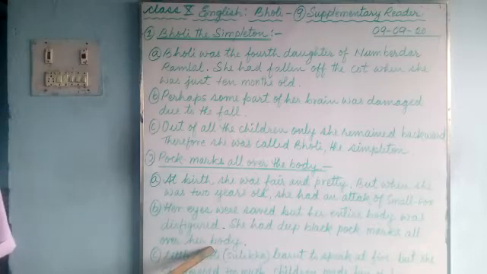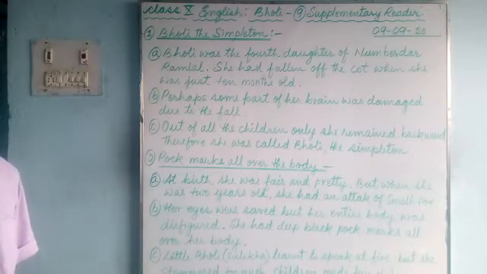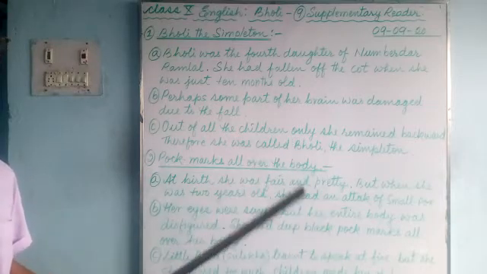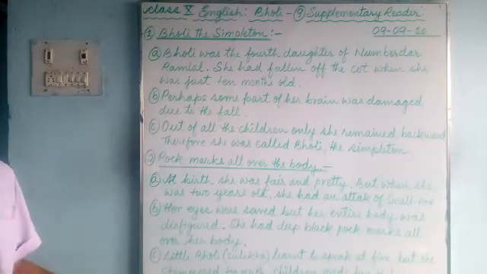While she was born, she was pretty and fair, but after she had an attack of smallpox, somehow she got cured. But it left deep scars or pox marks all over her body, except her eyes. Her face and body were disfigured.